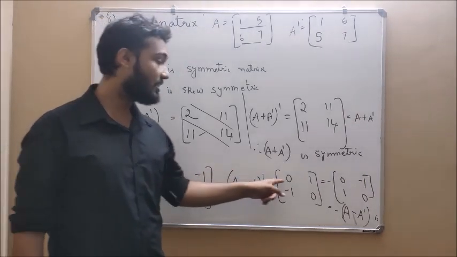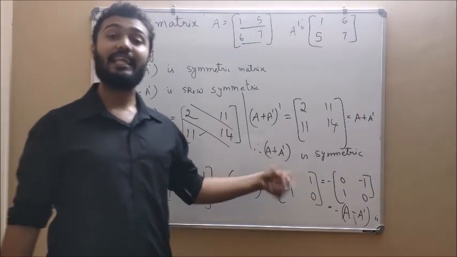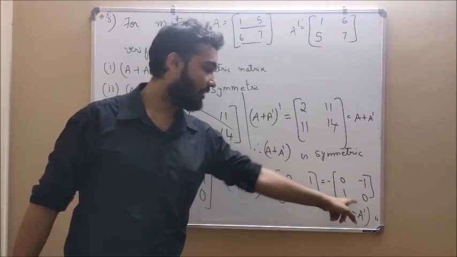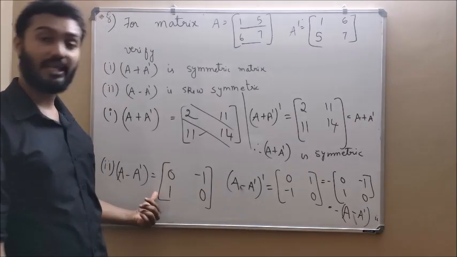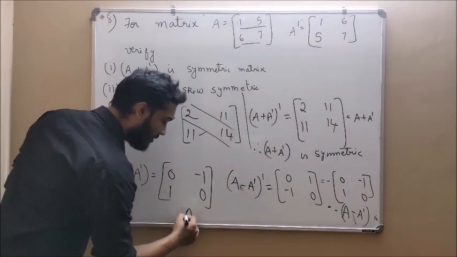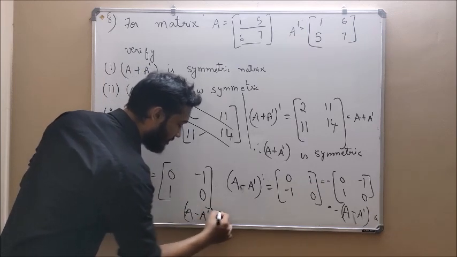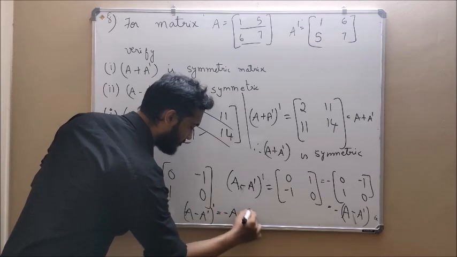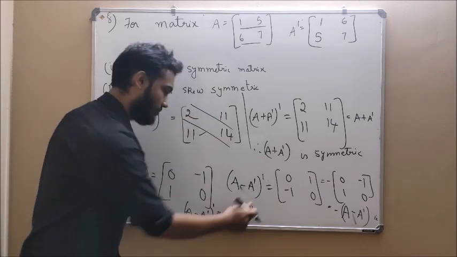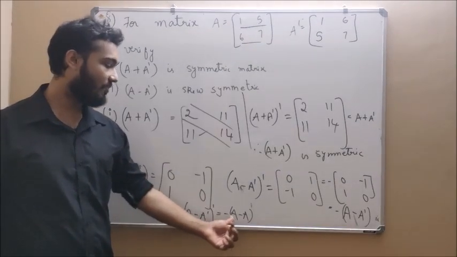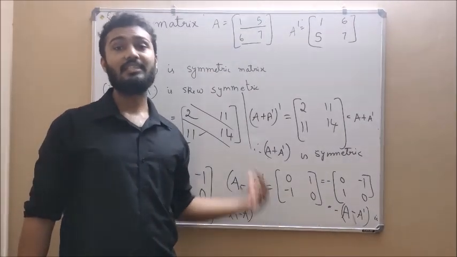Write the row as column, 0, 1, minus 1, 0. Take negative sign outside, the sign changes, 0, minus 1, 1, 0. It is same as the original matrix. So A minus A dash, the whole dash equal to minus of A minus A dash. So therefore it is Skew-Symmetric.